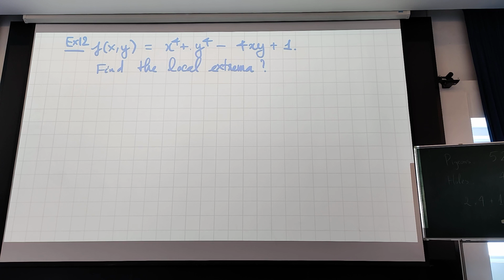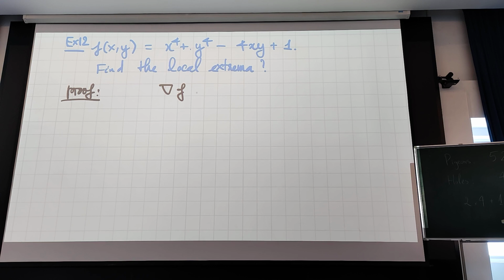So now we need to find all the critical points, right? And you should remember that the critical points contain singular points and stationary points. So anyway, we need to consider the partial derivatives. That means we need to calculate the gradient vector of f.